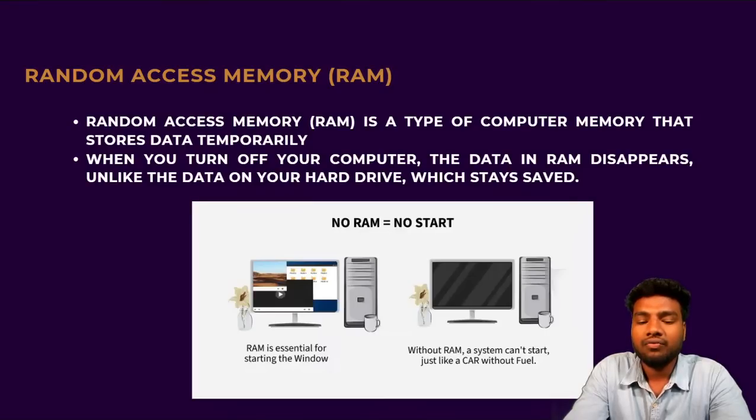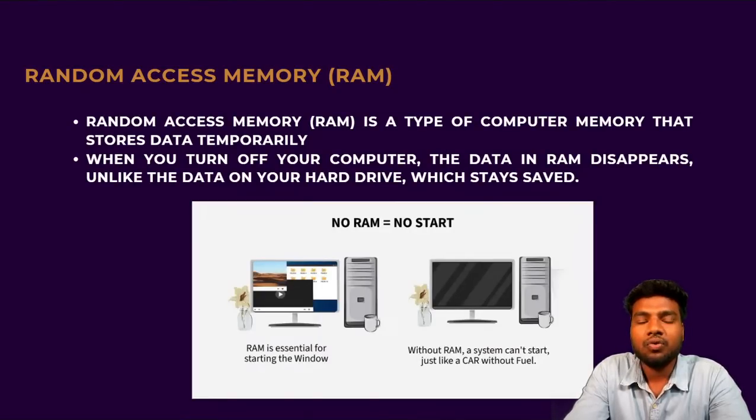For that we have to start the BIOS, and it needs instructions. Those instructions are stored in ROM, read only memory. It is a permanent memory. Only those particular instructions are stored in ROM, and the BIOS gets the instructions from the ROM and then starts booting our OS.